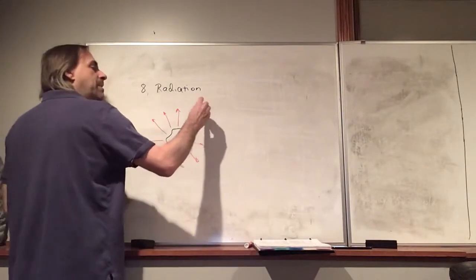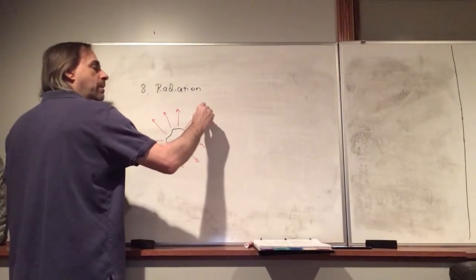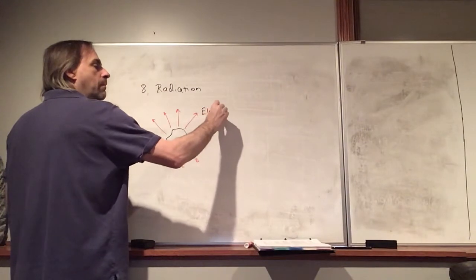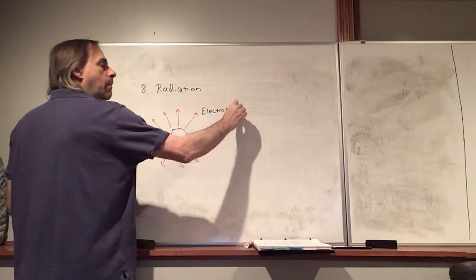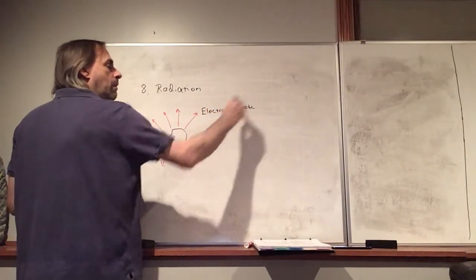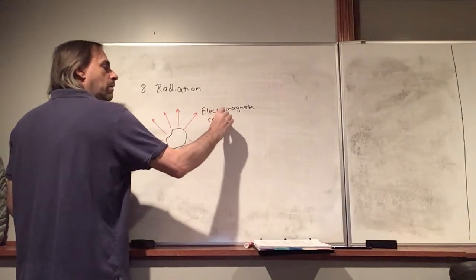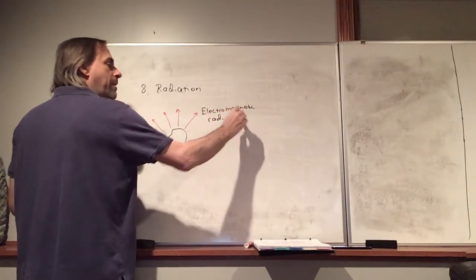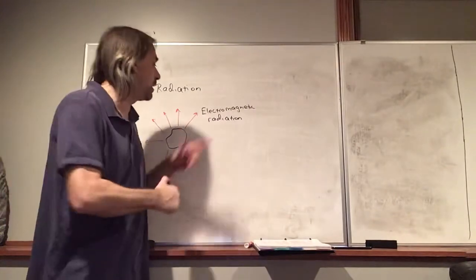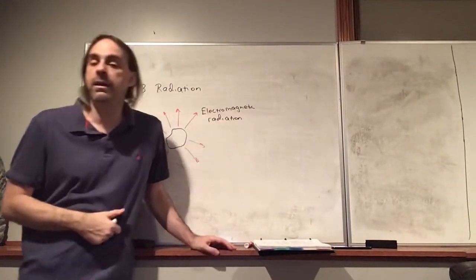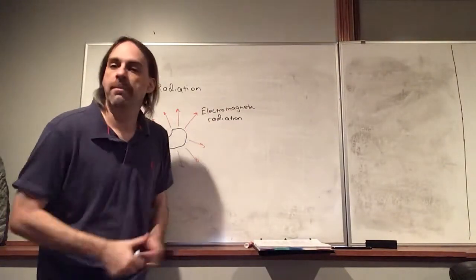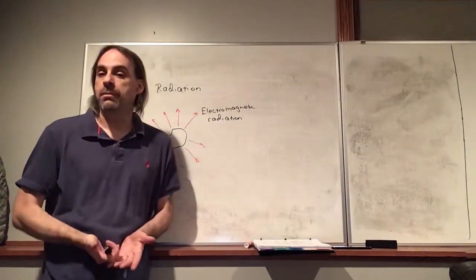So let's just say it's emitting electromagnetic radiation. Now again, we haven't talked about electric and magnetic. It deals with electric and magnetic fields, which we have not talked about yet.